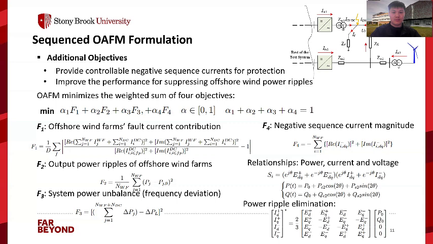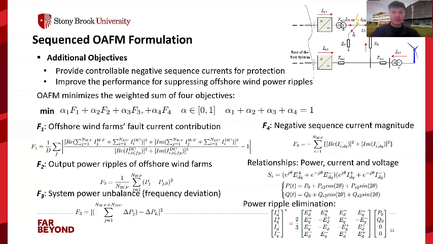The sequenced OEFM has 4 objectives. The first 3 remain the same. The fourth objective is the negative sequence current magnitude. This objective is to provide allowable negative sequence currents.